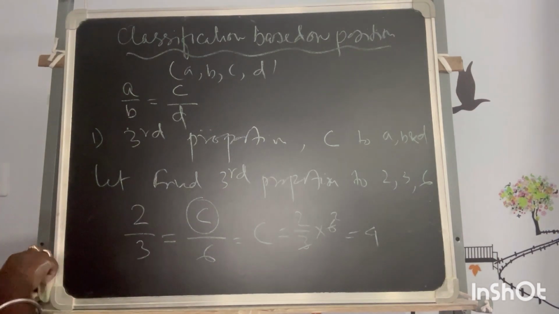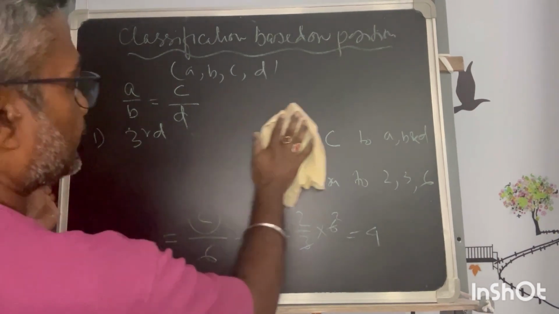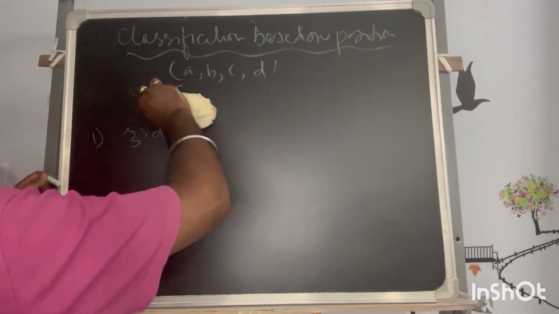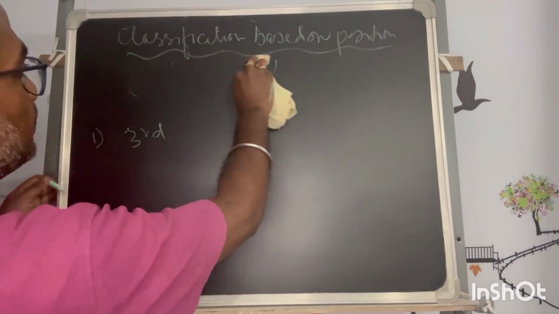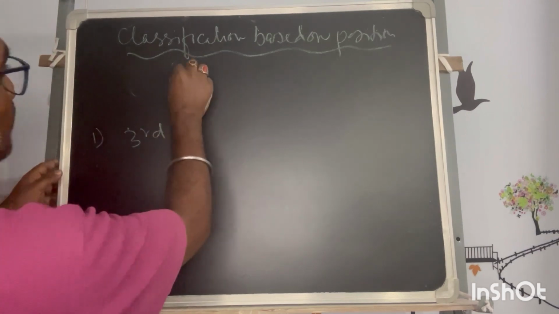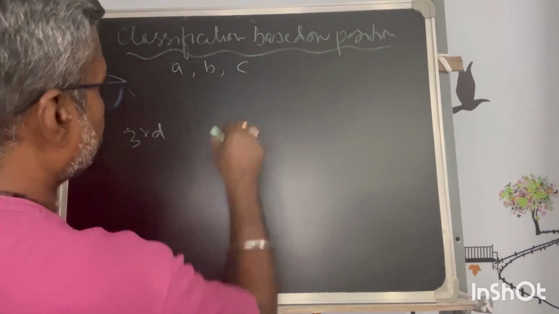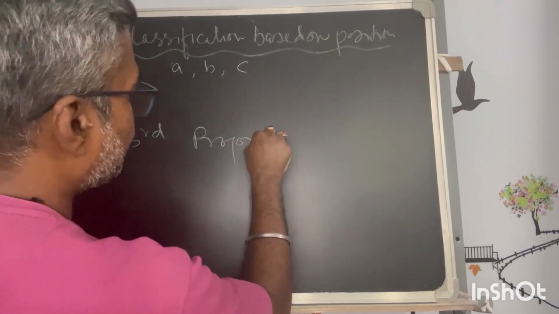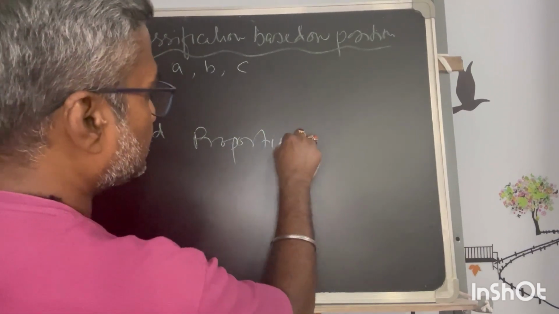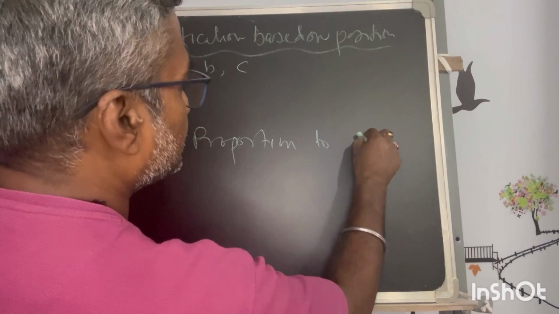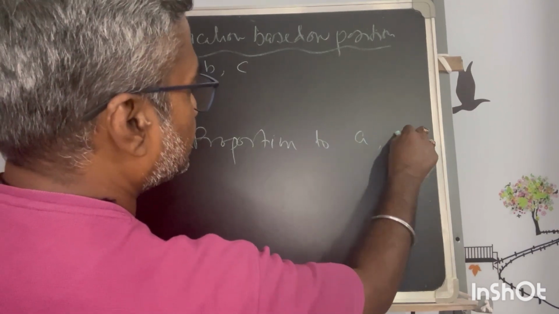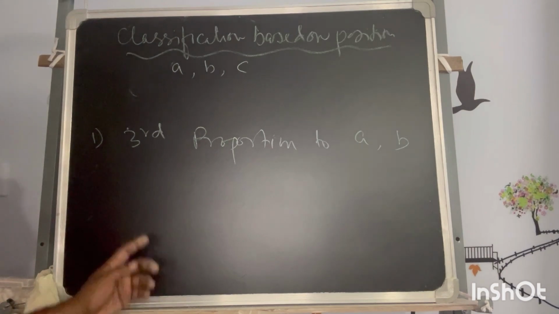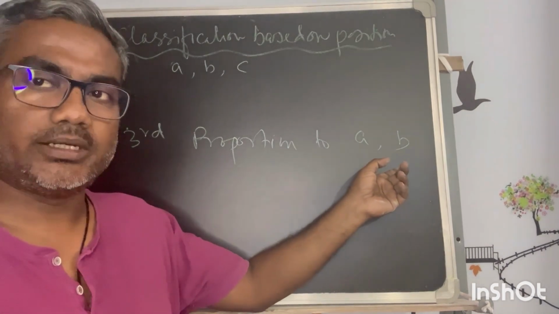There could be other possibilities: you may have to find the third proportion where there are not three quantities A, B, C given, but only two, to A and B, let's say. How do you find it?